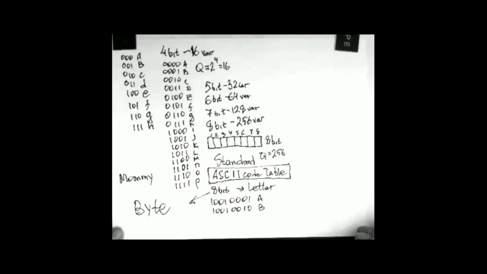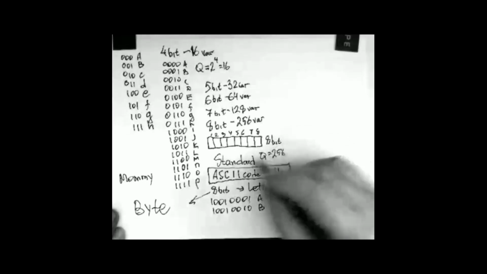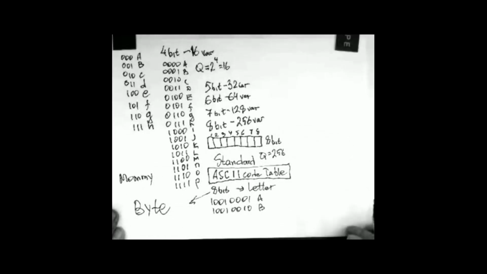So you need to measure how much information you can actually store or send or receive from the device. Okay, so we have now ASCII code, and you need to remember that the ASCII code table contains 8 bits for one character. The number of variations, or number of characters, that this code table can represent is 256.